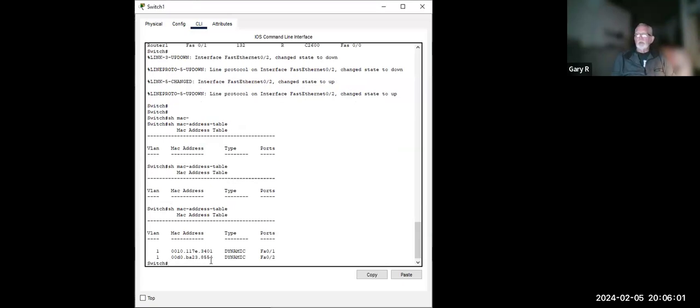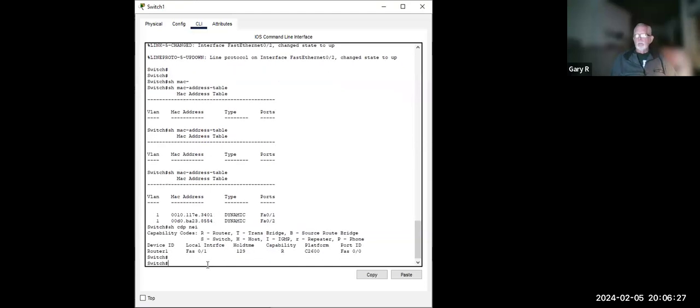The switch has learned about these two MAC addresses. One is out FA01, the other's out FA02, and my guess would be that FA01 points up to the router and FA02 points down to the PC. And if I do a show CDP neighbor, which we don't have to worry about understanding fully yet, yes, FA01 is the one that points up to the router.